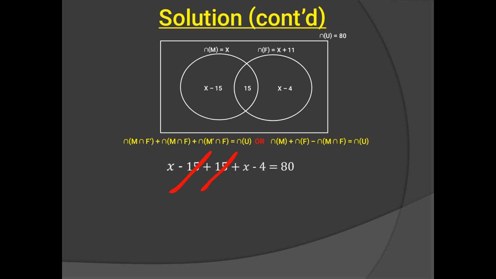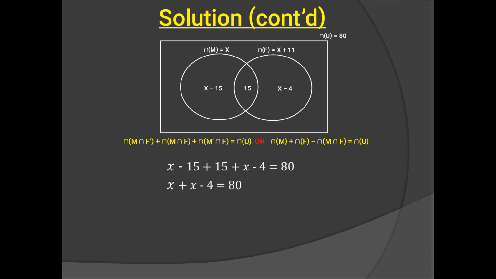Like I said in the previous one, you are owing 15 cedis, and then your mom gives you 15 cedis, you don't owe again. So negative 15 plus 15 is going to be 0. That is why when you are doing it, you cancel some things like that. So that is gone.